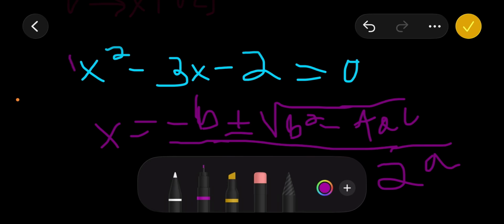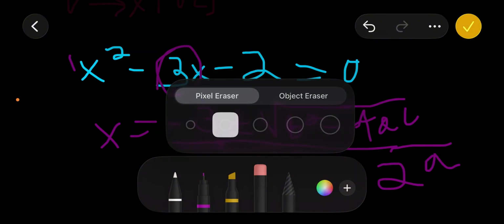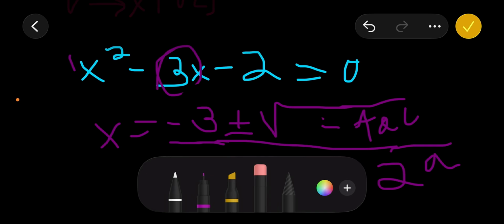So how it goes is: x equals negative b. In this context, b is negative 3, so x equals 3 plus or minus the square root of b squared, which is 9, minus 4ac.